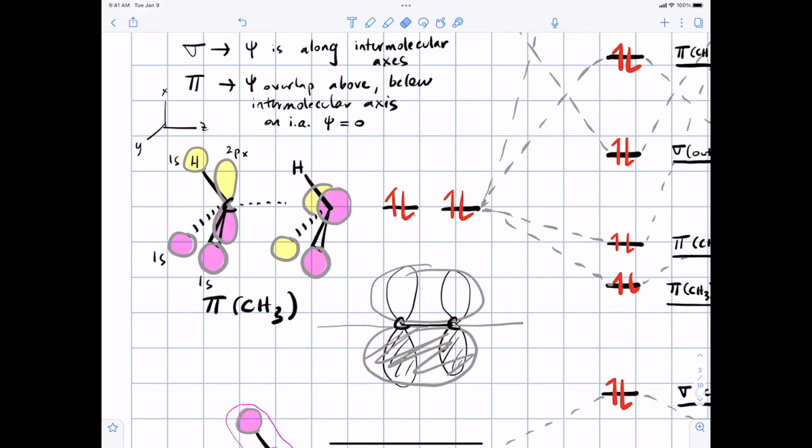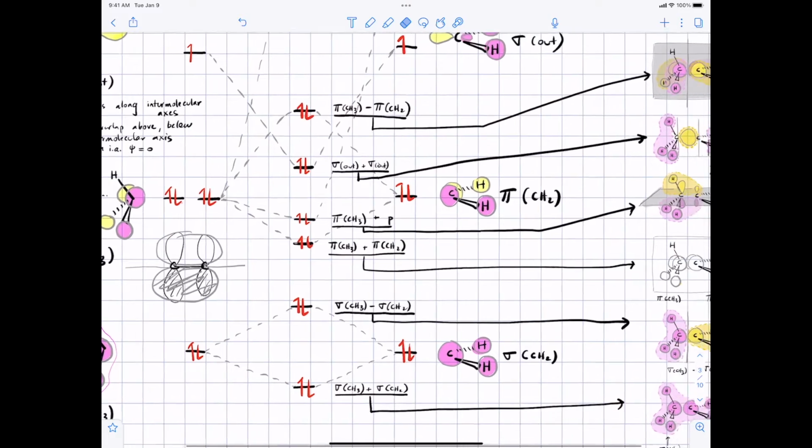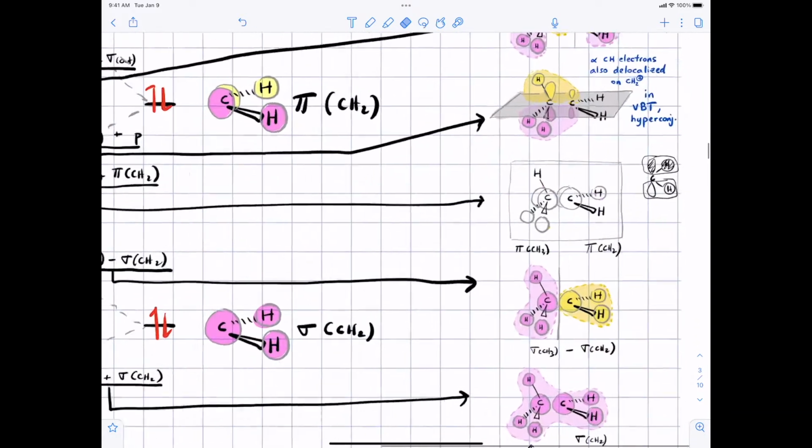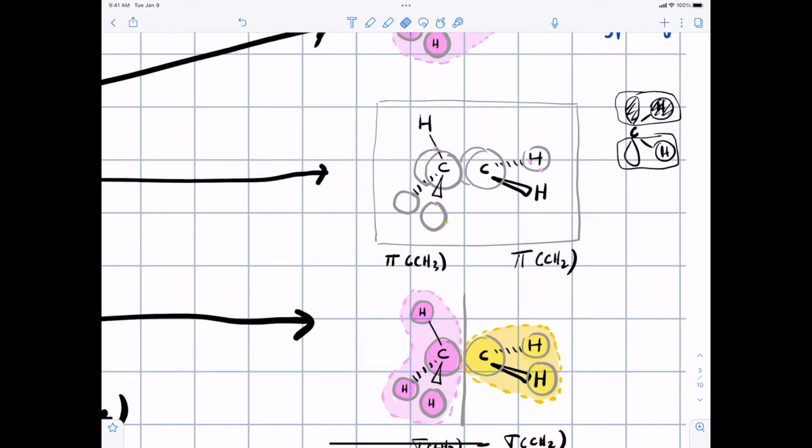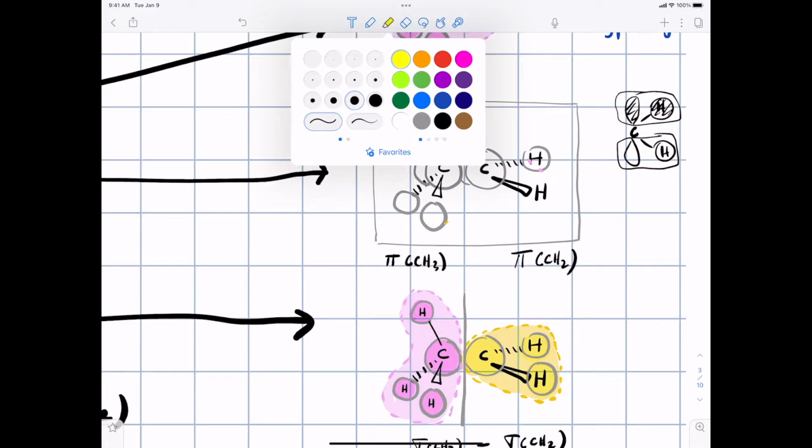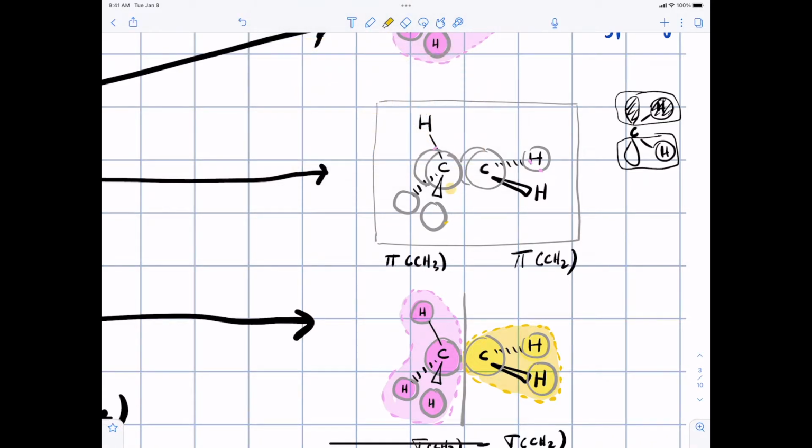All right, so when we bring the pi CH2 next to the pi CH3, I'm going to try to color this. You may think the coloring is a waste of time, and you may be right.